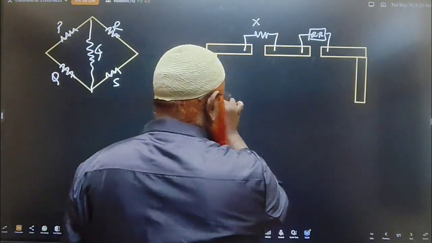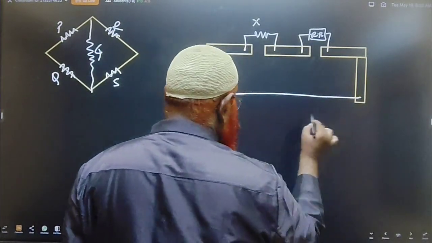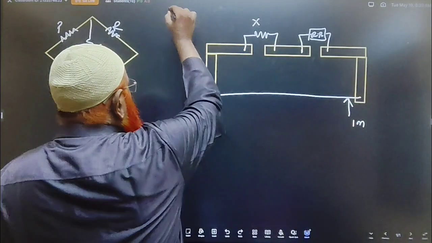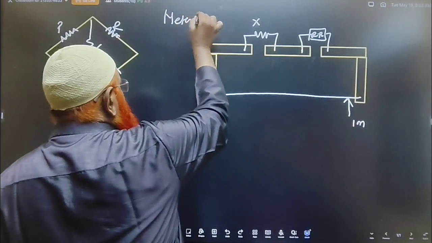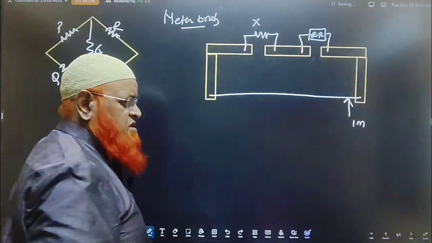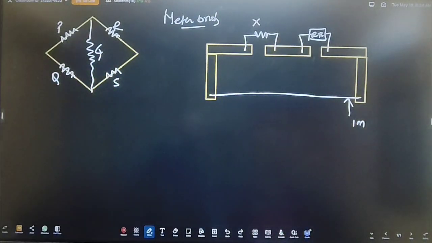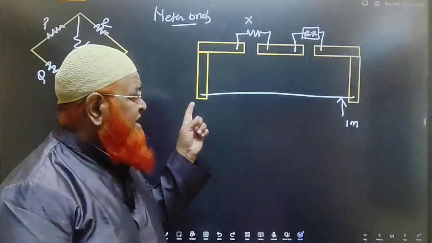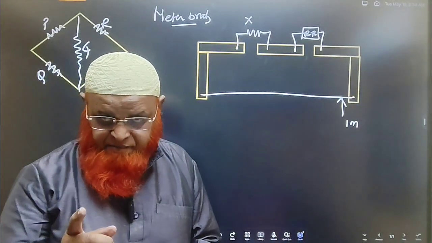Now, here you draw one wire. This wire is of 1 meter. That is why it is called a meter bridge. Meter bridge itself says that it has a length of 1 meter. The name meter bridge is given because here it has a 1 meter wire.